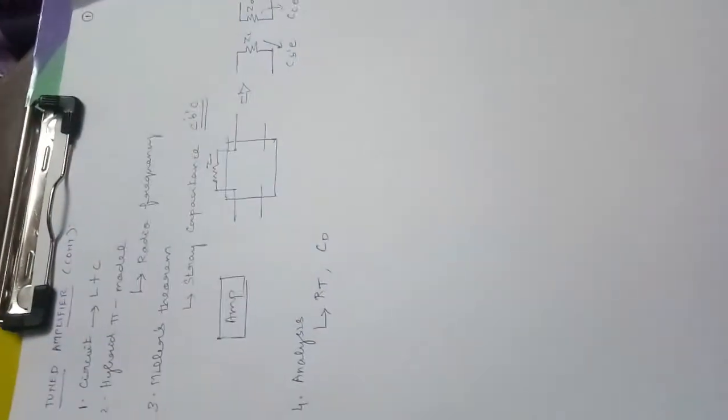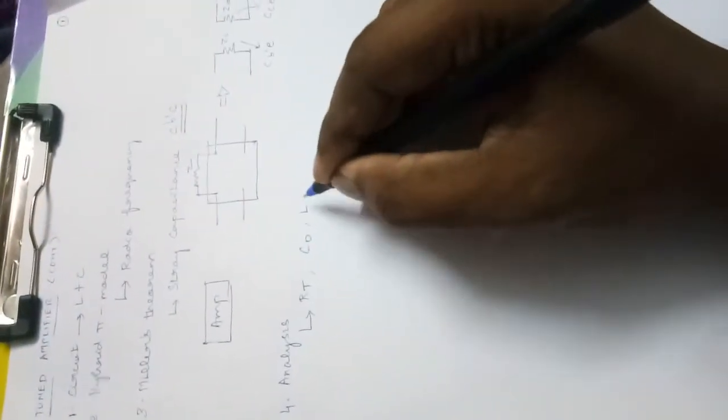Similarly, the capacitance available at the output portion was taken as C0, and the inductance available at the output side was taken as LP.